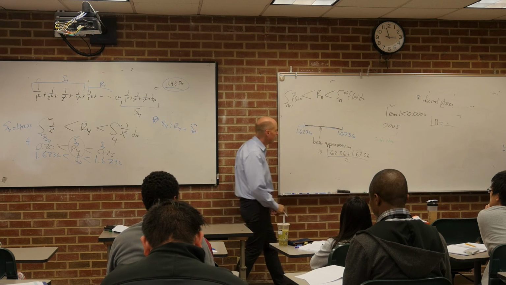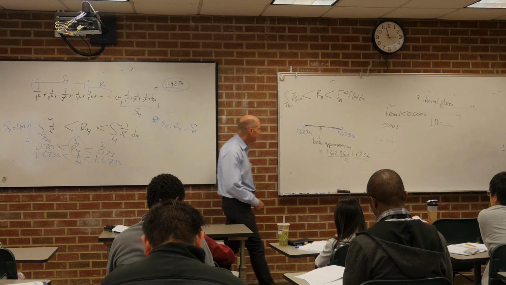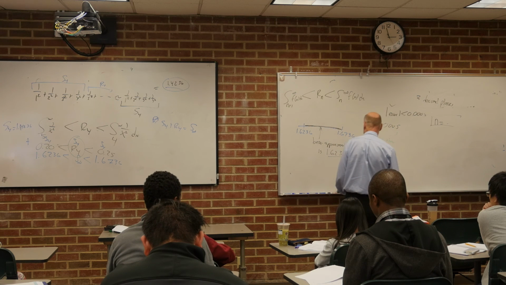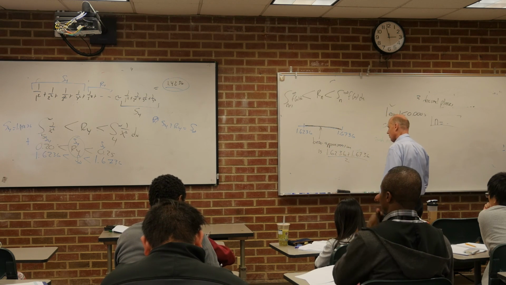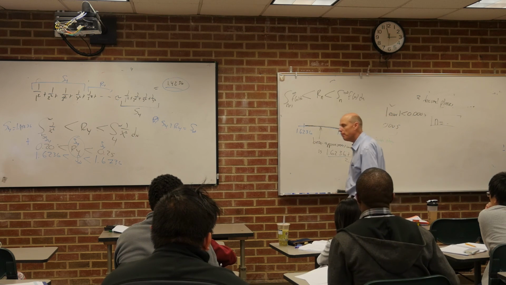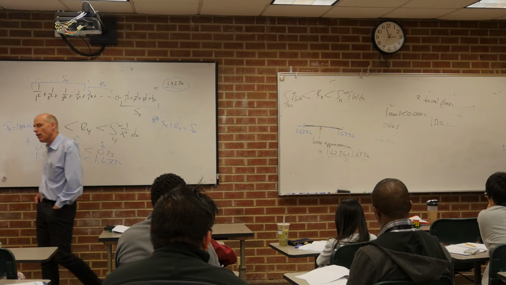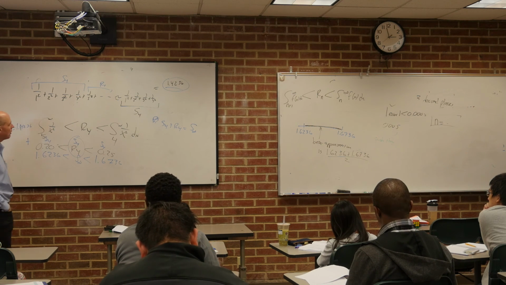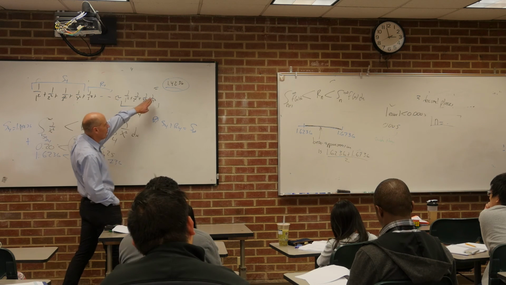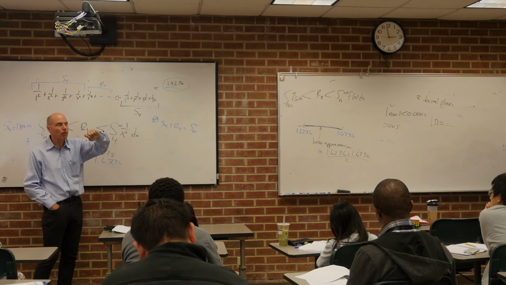The best approximation is going to be the one right in the middle, which is the average of those two. So I don't know if that's an underestimate or overestimate anymore, but that is going to be a lot closer than my original estimate.